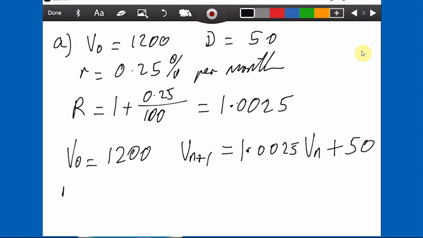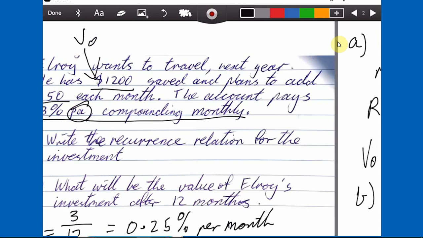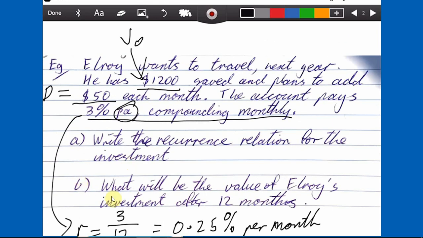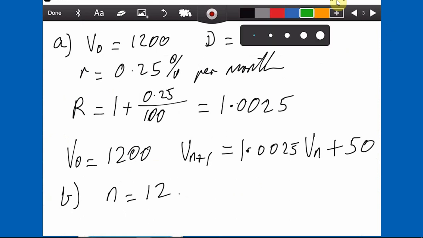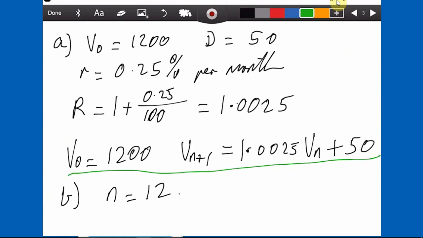All right, so then part B, let's go back, part B down here. What is this value after 12 months? So value after 12 months, n equals 12. All right, so we're going to use this recurrence relation up here to do that.